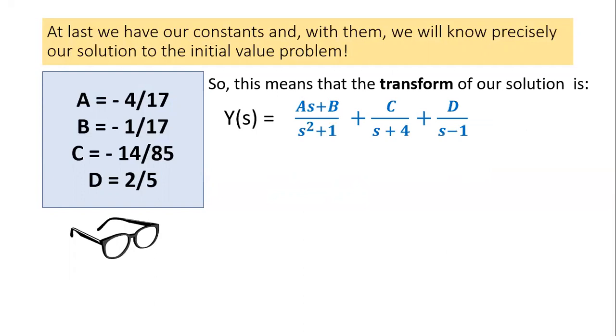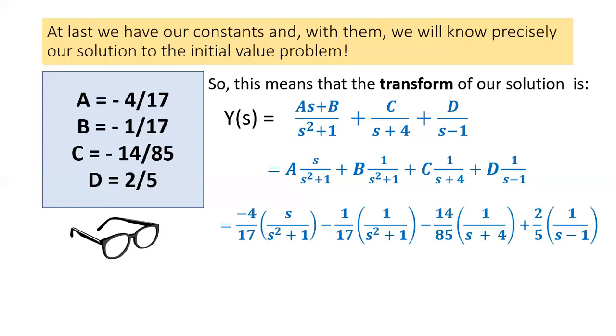What is the transform of our solution? Remember that we had said we knew that the transform of our solution were these 4 constants times s over s squared plus 1, and 1 over s squared plus 1, 1 over s plus 4, and 1 over s minus 1. This is the transform of our solution in all of its glory.